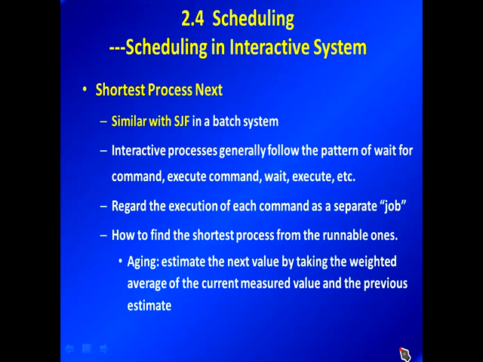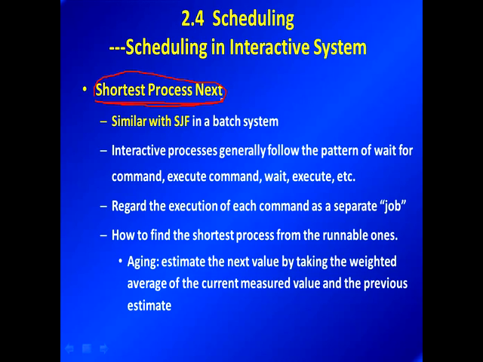Okay, let's come back to the next algorithm, which is shortest process next. Oh, it's very familiar, right? Because we just learned SJF, shortest job first, and here it's called shortest process next, because for a job, as long as it gets the CPU, it can just run all the instructions.